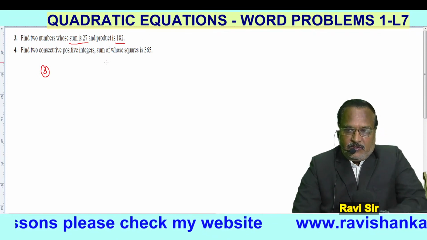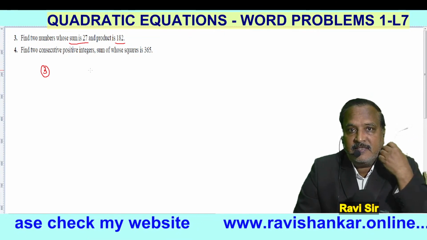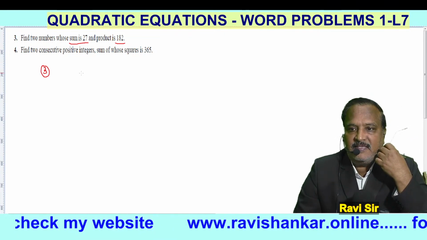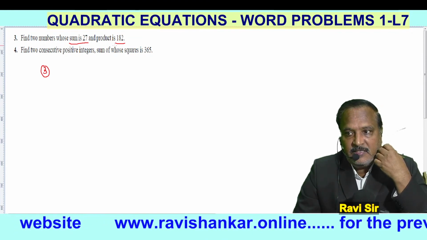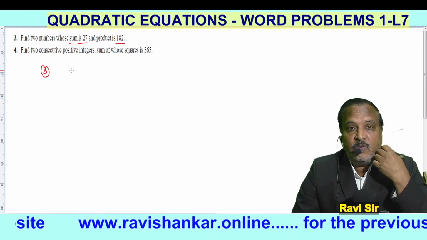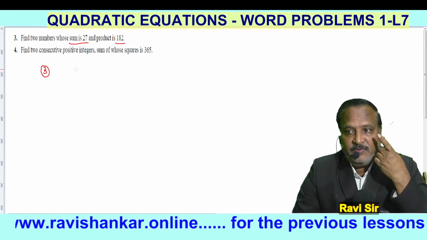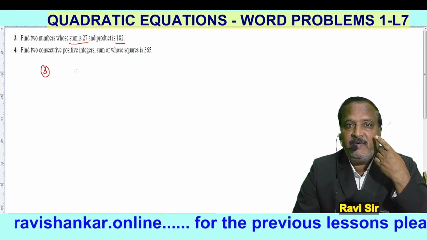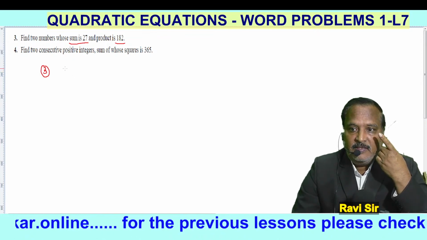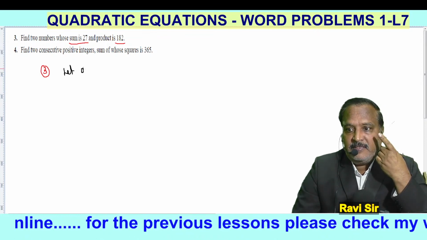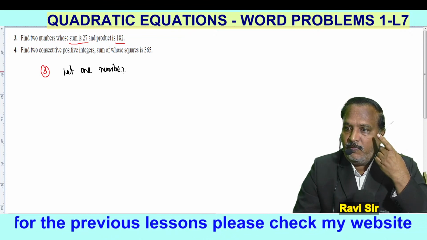Okay, so the two numbers here, consecutive, odd, nothing is given. The two numbers' sum is 27 and product is 182. So how many variables will you be using here? Let us use only one variable. You can use two variables also, but even if you use two variables, you have to eliminate one variable. So let one number be x.